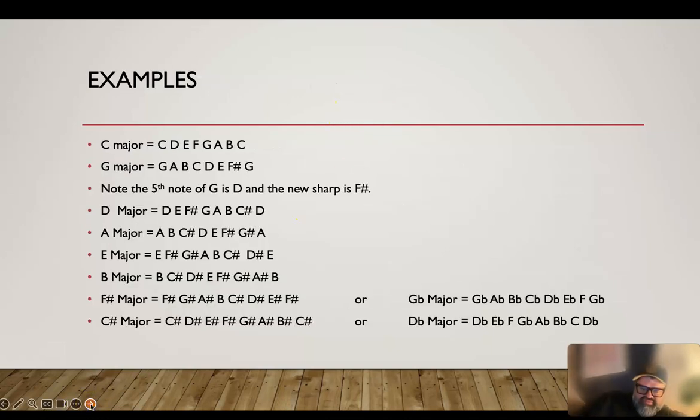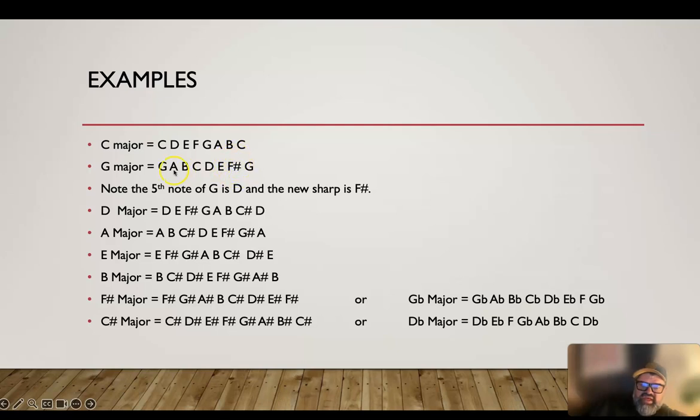So examples. C major, no sharps. The 5th note of C is G. Then we follow the same pattern of tones and semitones for every major scale. G, tone to A, tone to B, semitone to C, tone to D, tone to E, tone to F sharp, semitone back to G. The 7th note was the F sharp.